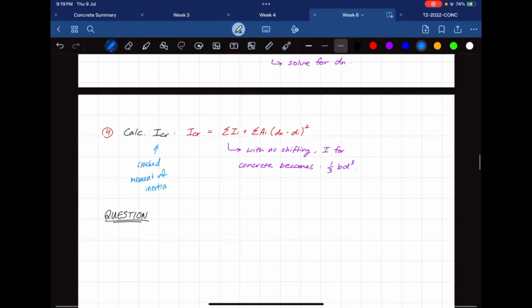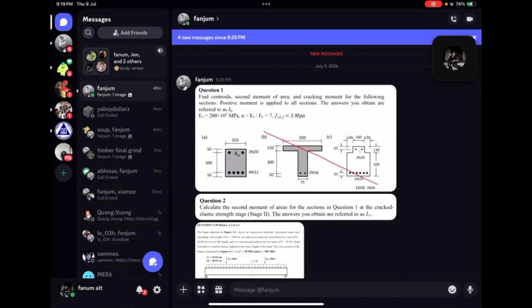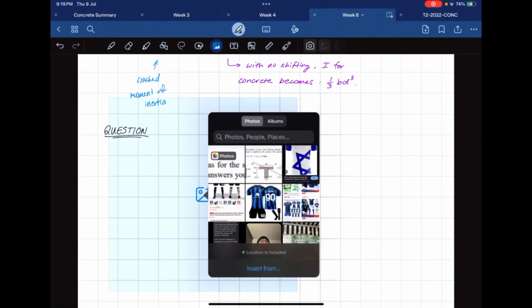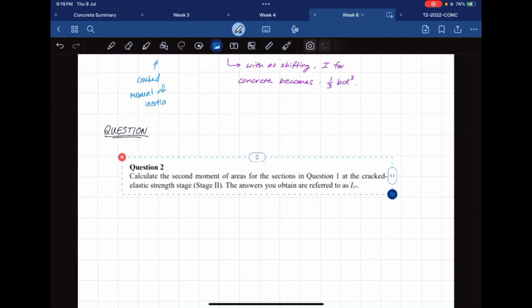Okay, question. I'm going to use the same thing as before. This is your workshop question 2. Calculate the second moment of area for the section in question 1 at the cracked elastic strength stage. So it's pretty much find ICR.